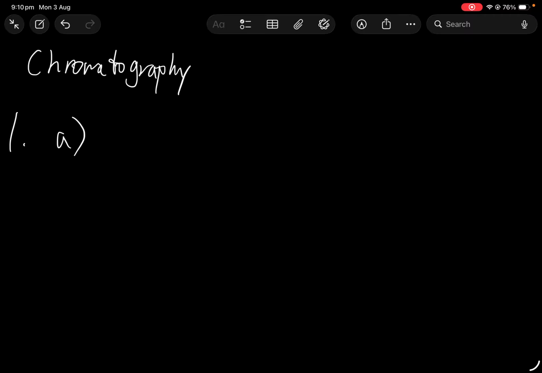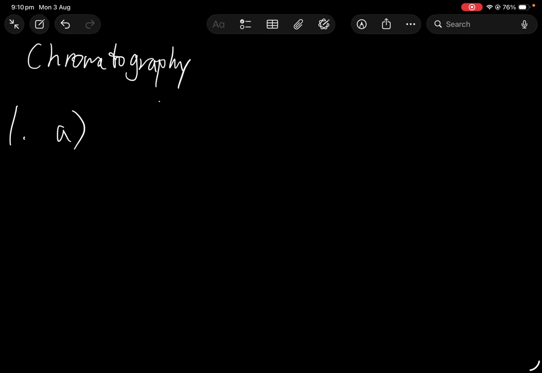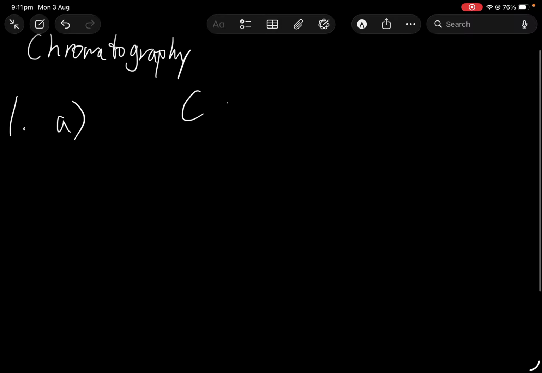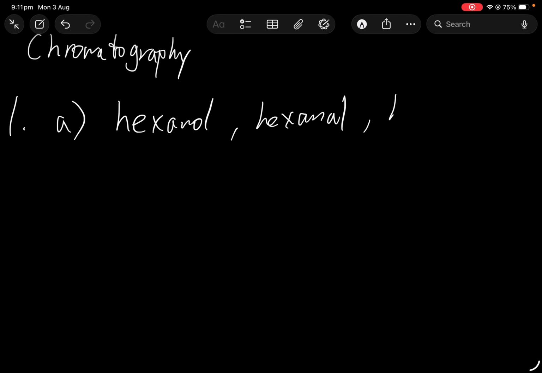Hexane normally has only dispersion forces because it's symmetrical. Hexanol has an OH at the end, so it has hydrogen bonding, dipole, and dispersion forces. Hexanal has a carbon double bond O and an H at the end, which means it doesn't have hydrogen bonds, so only dipole and dispersion. So the order is hexanol, hexanal, and hexane.